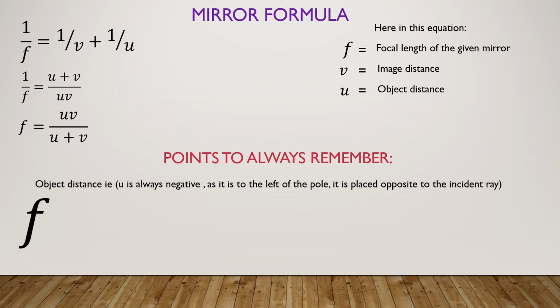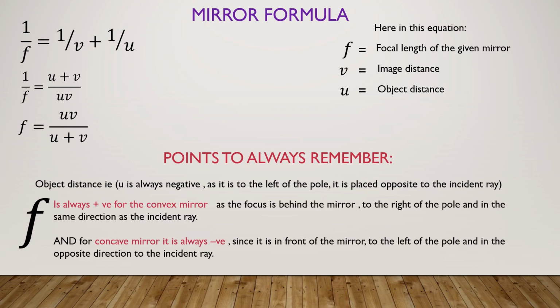And f, that is the focal length, is always positive for the convex mirror, because focus will be behind the mirror. And for concave mirror, it is always negative, because the focus is always in the opposite direction of the incident ray. So reasons are written here. Please go through them.